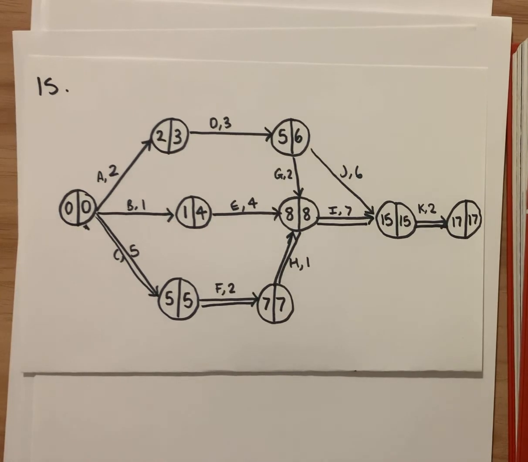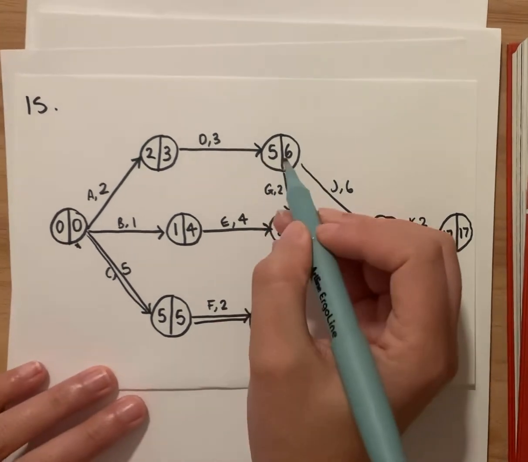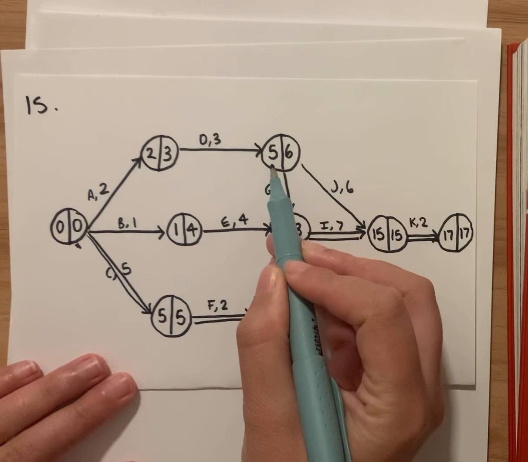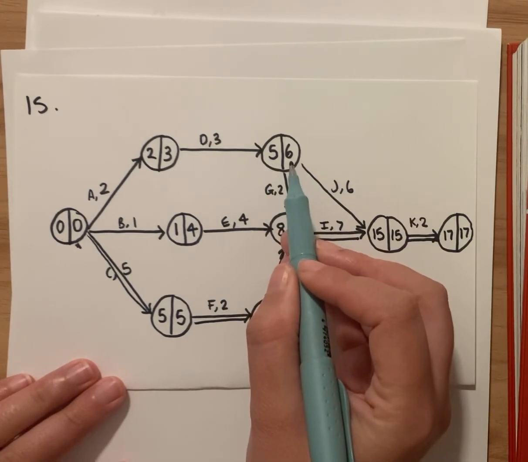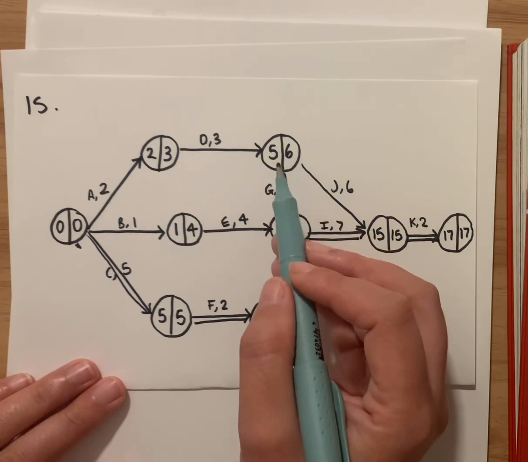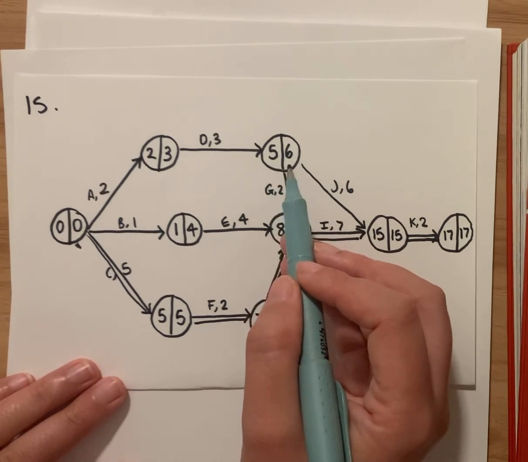Now, what's the question actually asking us? So it says if activity G is delayed by 5 hours. So where's activity G? Activity G is up here. It's got an earliest starting time of 5 hours and it's got a latest starting time of 6 hours. So that means that this activity can start at 5 hours, but it can also be delayed by 1 hour and start at 6 hours.